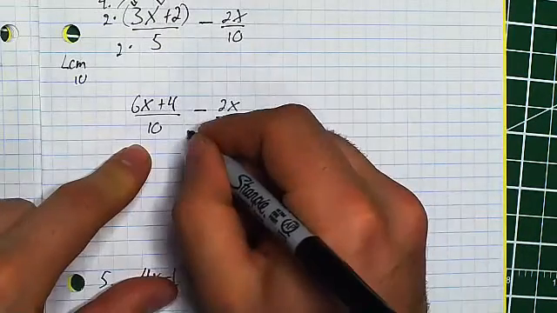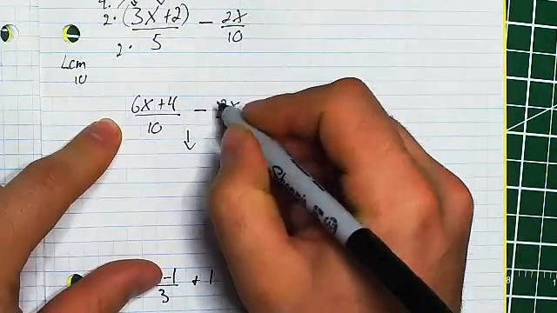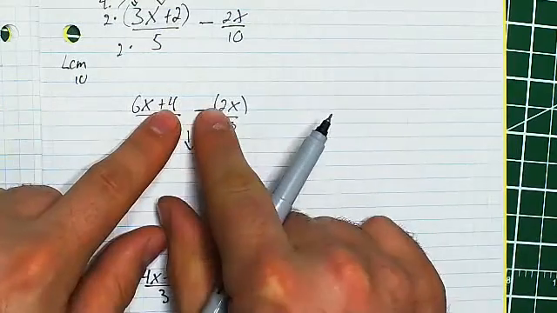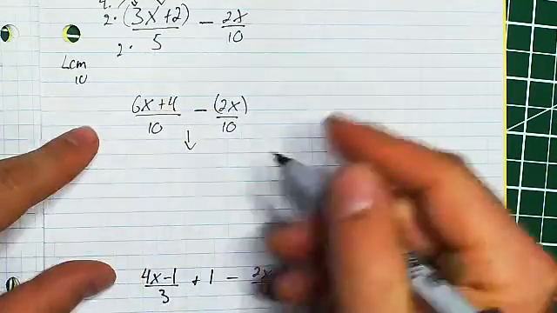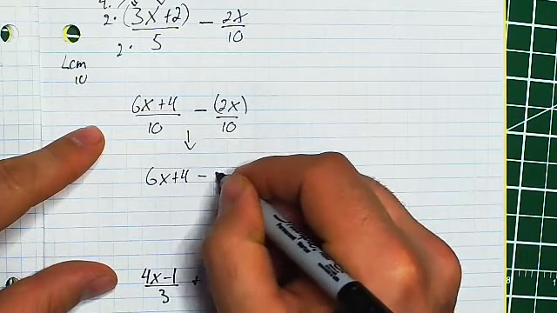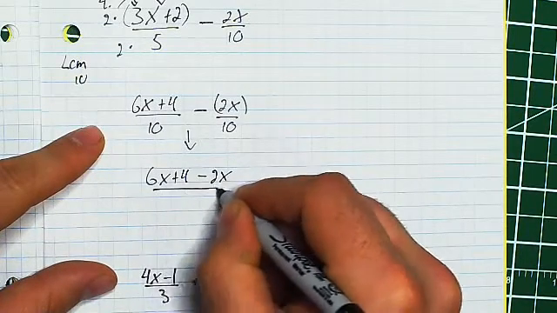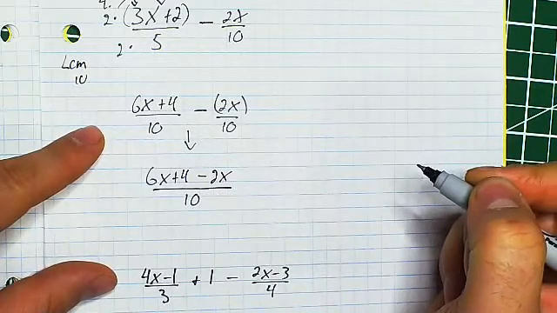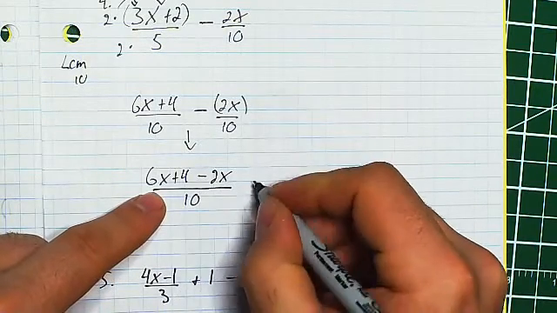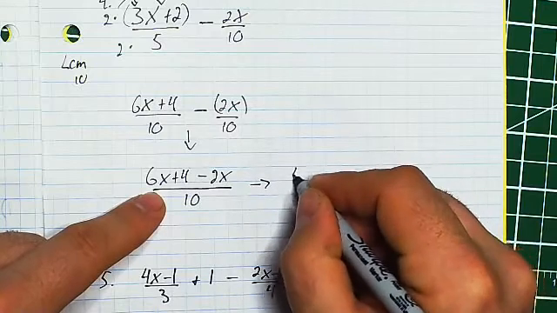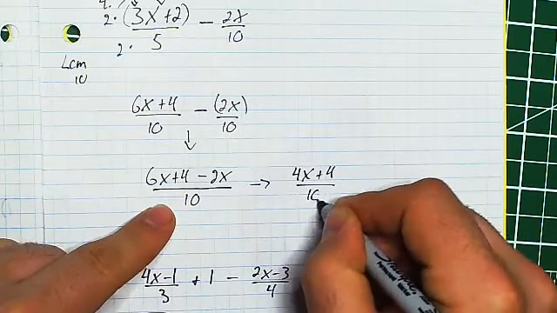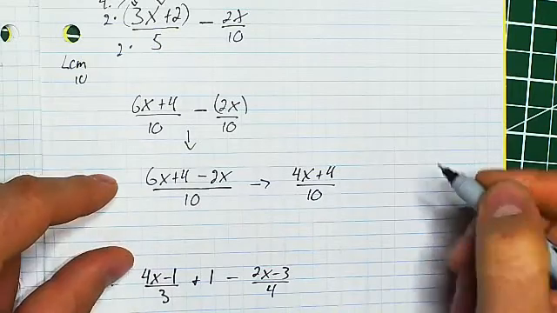When we turn this into one expression to subtract the two, it's good practice to put everything on this side in brackets, because that negative affects everything on that side. So this now turns into 6x plus 4 minus 2x, divided by 10. 6x minus 2x, we run out of room, so it turns into 4x plus 4, divided by 10.